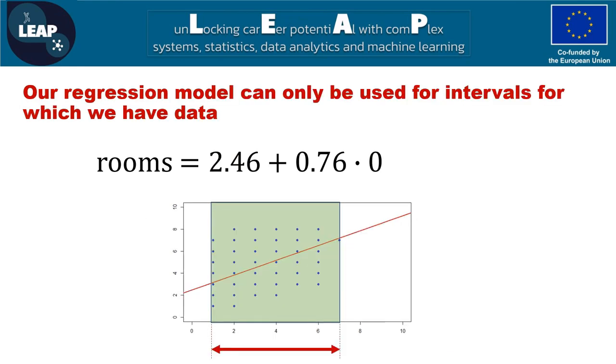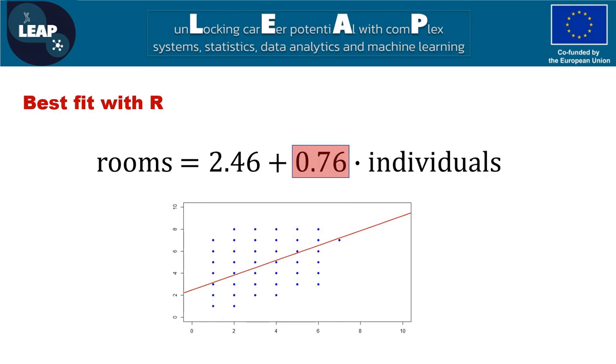But this is also a good example of how you need to think about the interval in which your model can be used. The model we are using here can only be used for the range of number of people in the household for which we have data. So it starts with 1, and the largest household in the data set is 7.